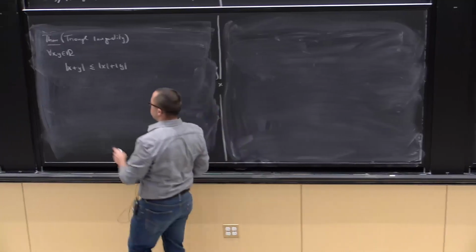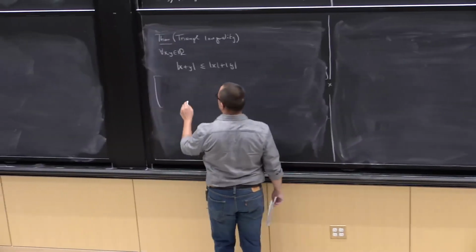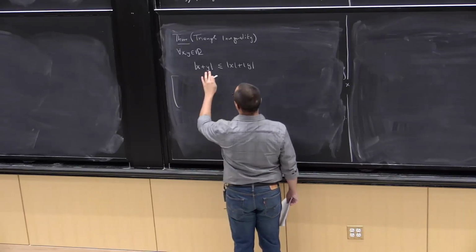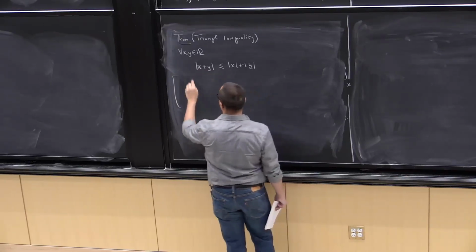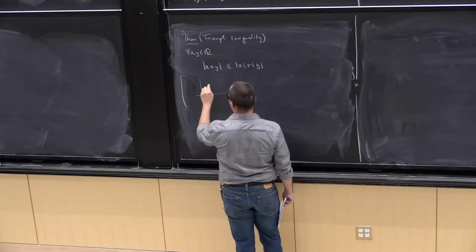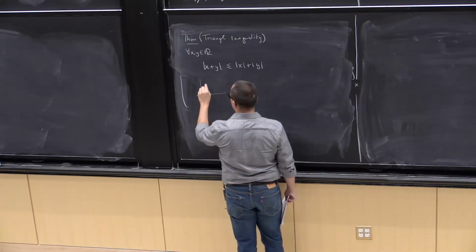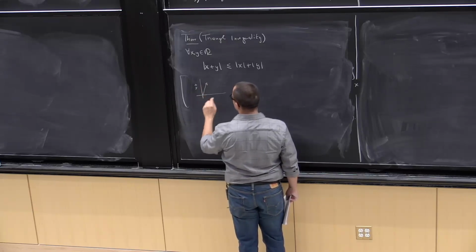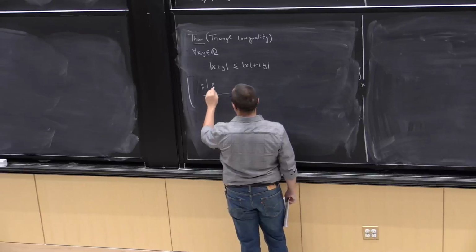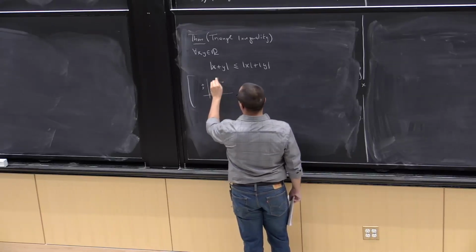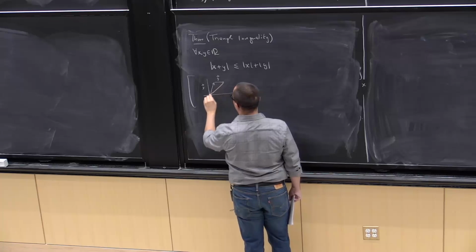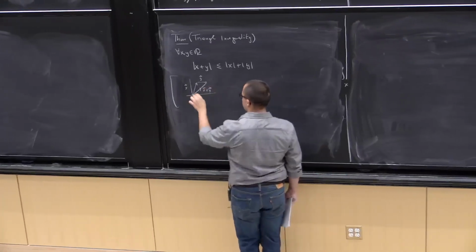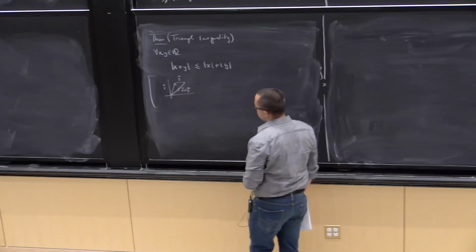Okay, so why is it called a triangle inequality? Well, instead of x and y being real numbers, let's think of these as vectors. So there's x, let's say, y, and then the vector x plus y is this side.